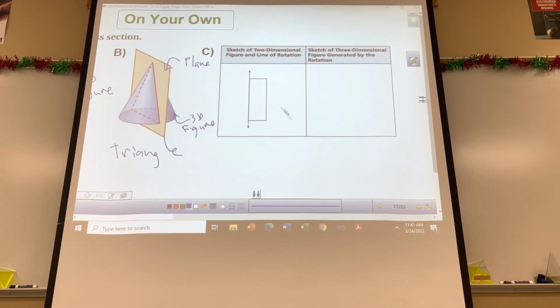Alright, and last part, guys. Again, try and draw it. We have this rotating around 360 degrees. Imagine every point rotated around 360 degrees. What shape does it end up being, Liam? A cylinder. Alright, and it kind of draws it for you.